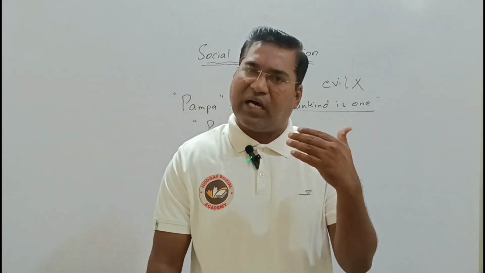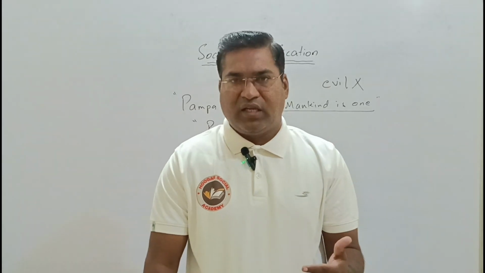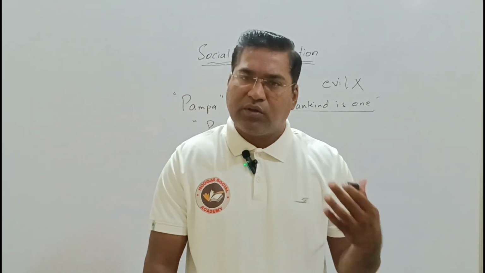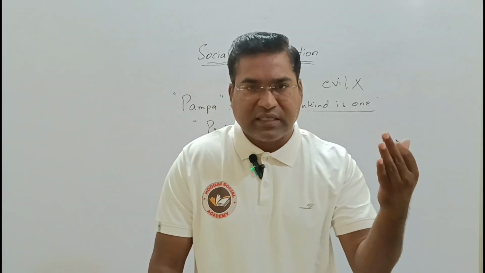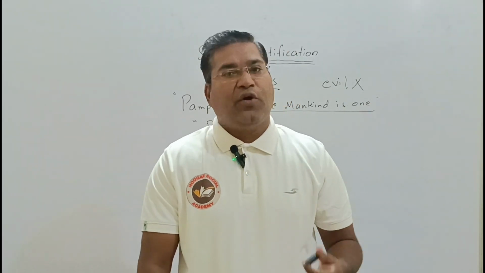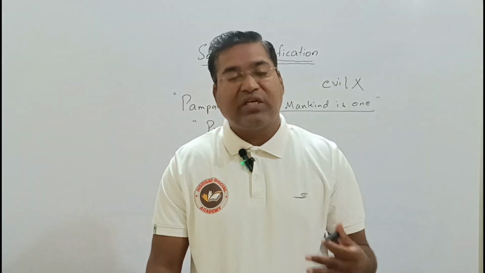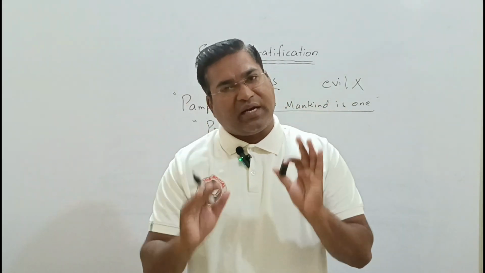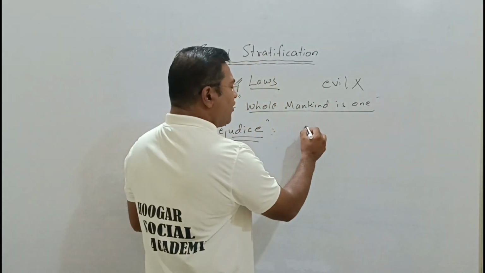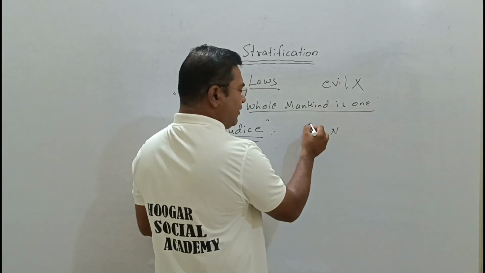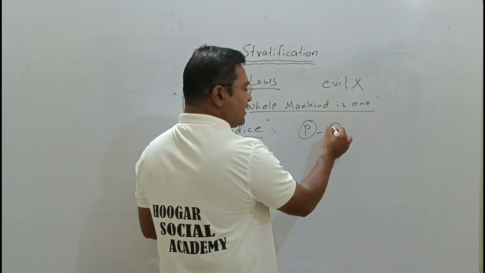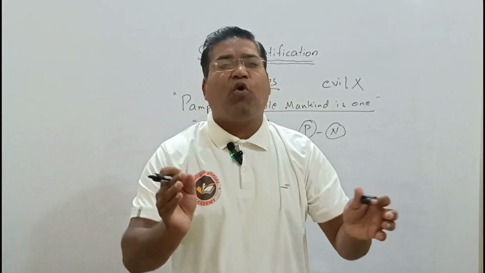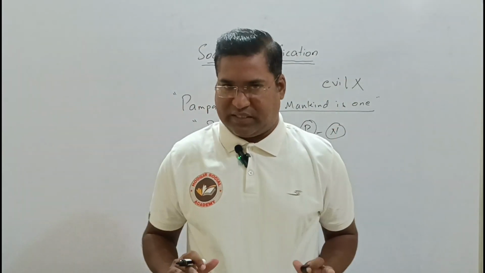Without knowing him, without judging him, without talking with him, without knowing what type of work he does, what type of culture and tradition he follows, the opinion is given. And the opinion is either in the form of P or N. P in the sense positive, N in the sense negative. Here he himself made an opinion about the other person.